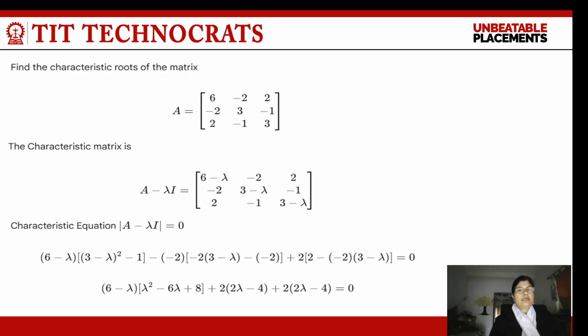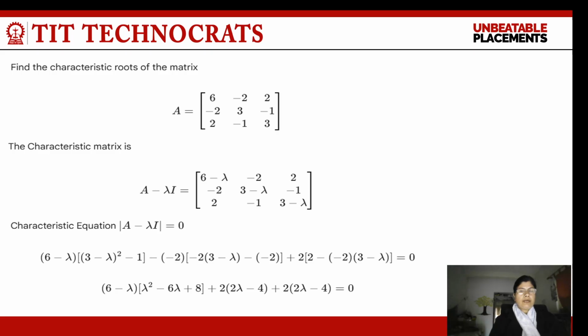Find the characteristic roots of the matrix. Next problem. So A is equal to [6 minus 2 2; minus 2 3 minus 1; 2 minus 1 3]. The characteristic matrix is A minus lambda I, equal to [6 minus lambda, minus 2, 2; minus 2, 3 minus lambda, minus 1; 2, minus 1, 3 minus lambda]. Characteristic equation, that is determinant of A minus lambda I is equal to 0. So (6 minus lambda)[(3 minus lambda) whole square minus 1] plus 2[minus 2(3 minus lambda) minus 2] plus 2[2 minus 2(3 minus lambda)] is equal to 0.